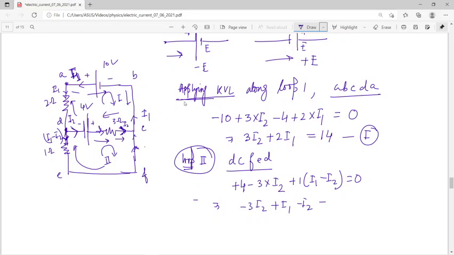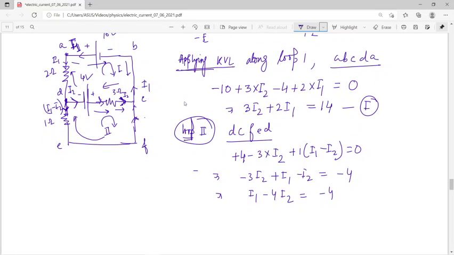3I2 plus I1 minus I2 is equal to minus 4, so you can say I1 minus 4I2 is equal to minus 4. So if you want to solve it, it may be possible that you multiply by 2, that means 2I1 minus 8I2 equals minus 8, and you subtract it from equation number 1.